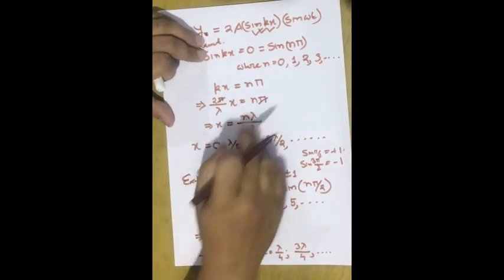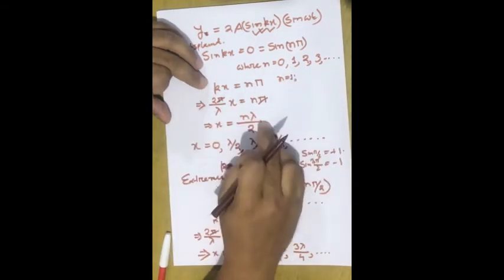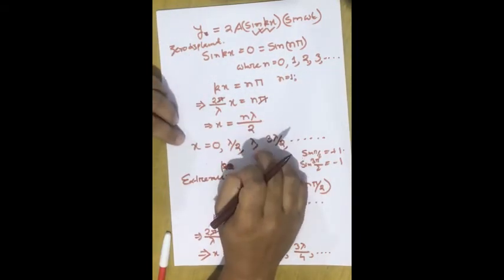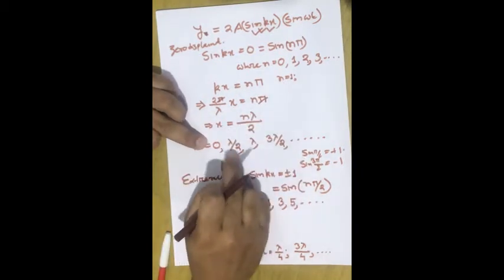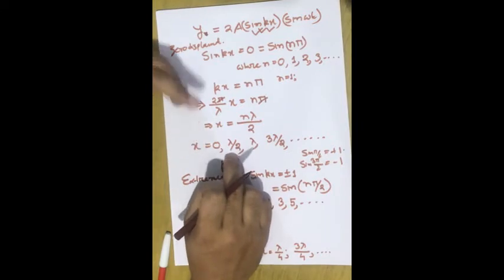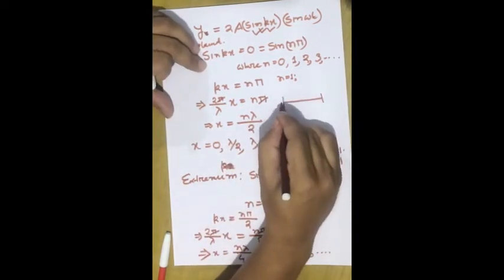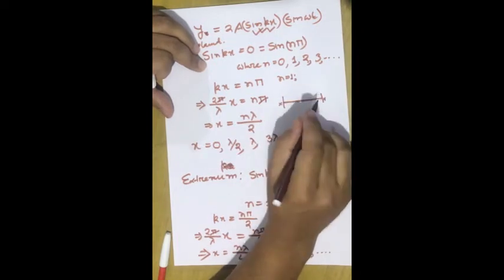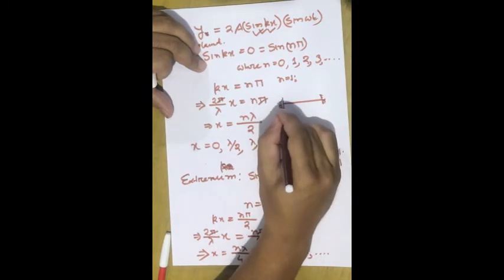When n is equal to 1, how many minimum will we get? You see, when n is equal to 1, then at 0 and lambda by 2, we will get some minimum. Suppose a string, both ends of the string are fixed, therefore at this point and this point the displacement will be 0, because these 2 points are fixed points.